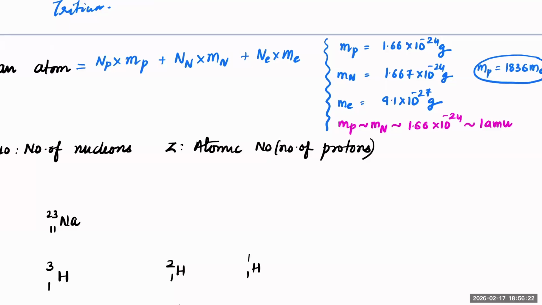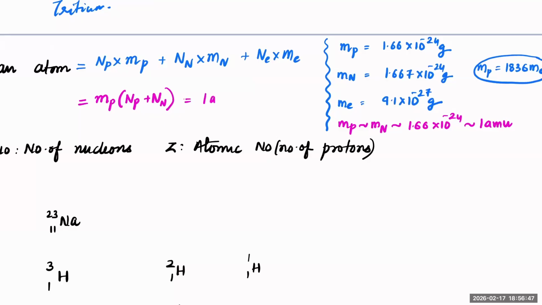So mass of proton, mass of neutron is approximately 1 AMU. So can I say that if I take this common, that will be number of protons plus number of neutrons, and this part I have ignored. So this is the one which you'll get, and mass of one proton is 1 AMU.